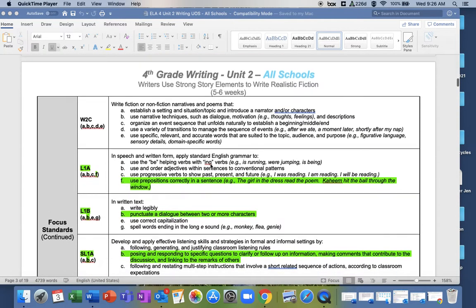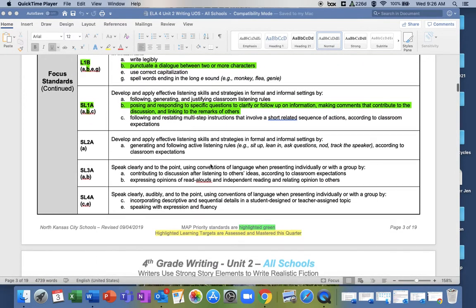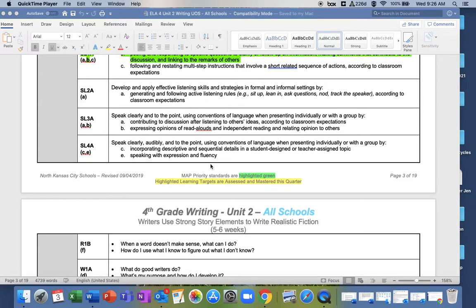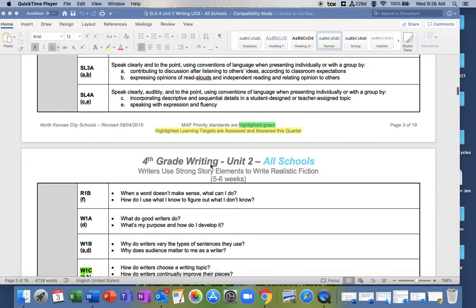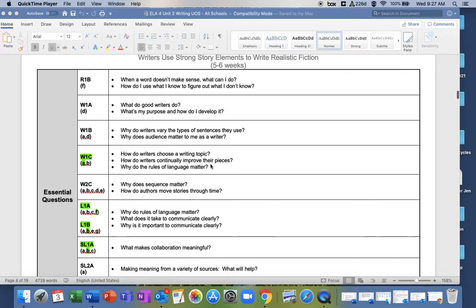So as we go through, you're going to notice there's a lot of different standards. So I would encourage you to spend some time unpacking these standards and getting familiar with each of the standards. And as we continue to move down, now we're into a section called Essential Questions.